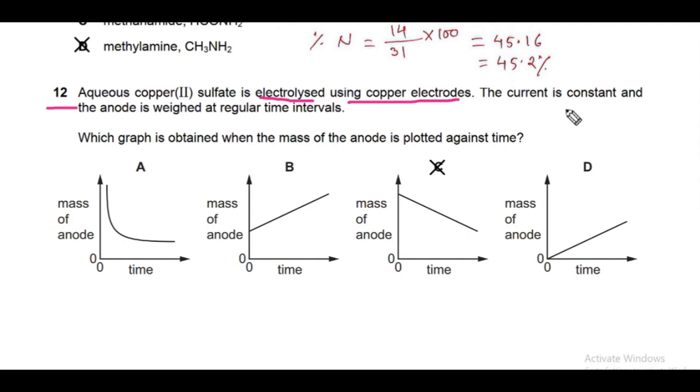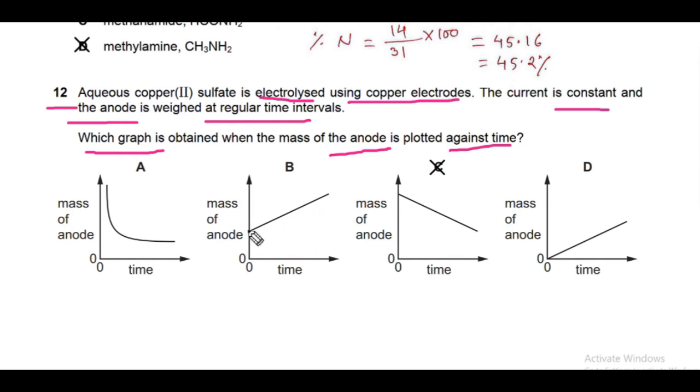The current is constant and the anode is weighed at regular time intervals. You know the anode will dissolve, the anode will lose electrons, so the mass will decrease. Which graph is obtained when the mass of the anode is plotted against time?